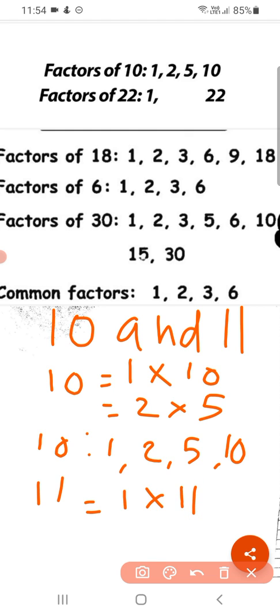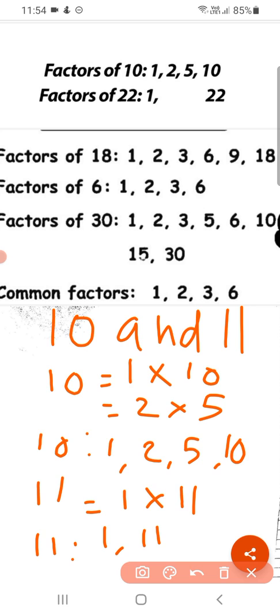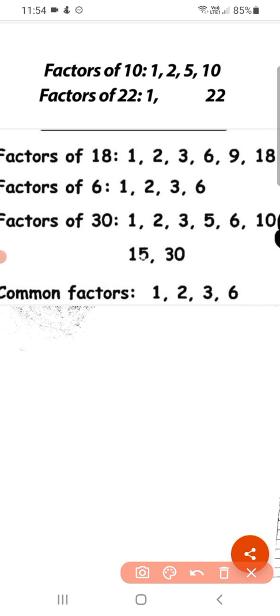Only one pair of numbers. So the factors of 11 are 1 and 11. Now find the common factor. Which is common in both? Only 1. No other factors are common. So the common factor of 10 and 11 is 1.